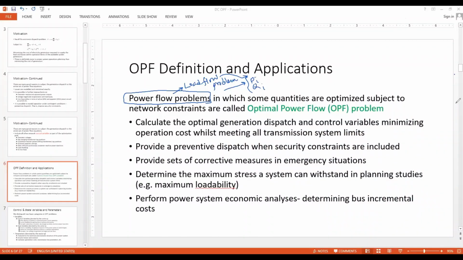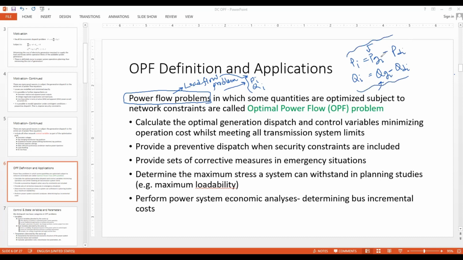In the load flow, we just think about satisfying this equality expression that could be achieved for these PIs and QIs, where PI is PGI minus PDI, and QI is QGI minus QDI. So our basic target is to change this PGI and QGI and try to achieve this balance and this balance.